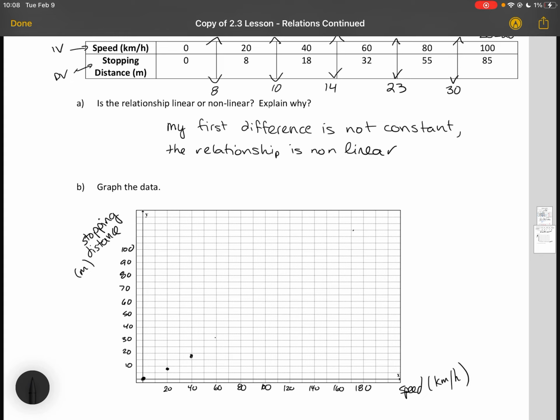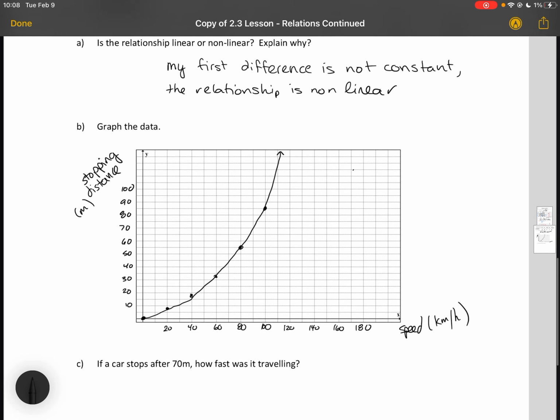Then 60 and 32, so about here. 80 and 55, and 100 and 85 all the way up here. Now I can't use the ruler, so what I'm going to do is the best I can with the pencil here. Okay. And I can see that I have a curve here. It is not a line, which reinforces the idea that my relationship is nonlinear.